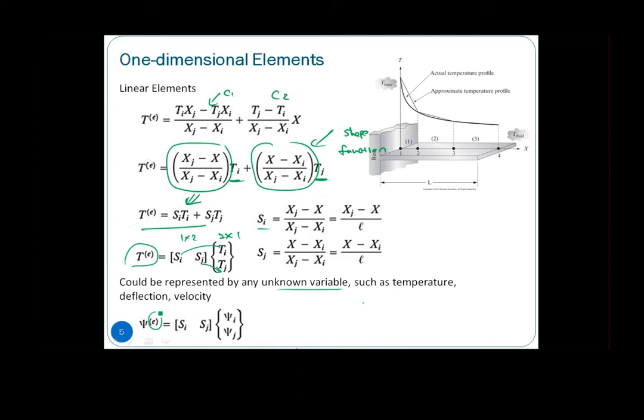So that is what we call elemental equations that we have for the so-called unknown variable in this case, for one element itself. It is related to a shape function.